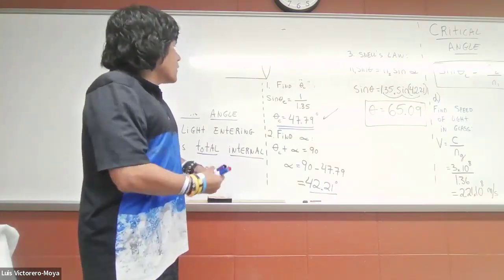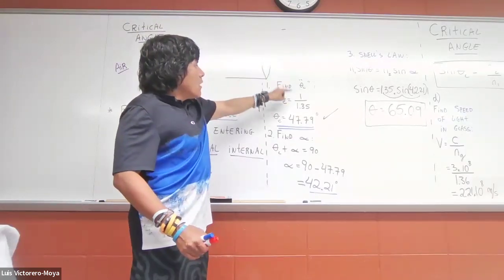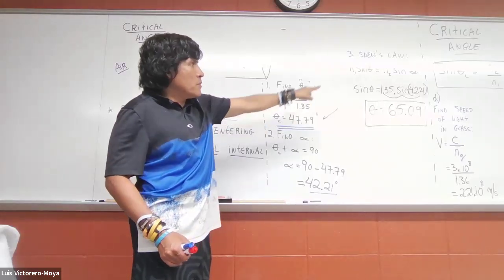So wouldn't that be in the numerator, not the denominator? For this, right? Yeah. So since you're going from the pipe to the air, air will be the second medium, and the pipe will be the first medium.